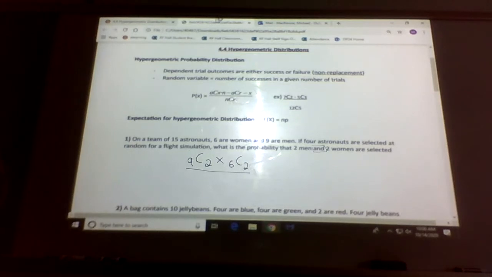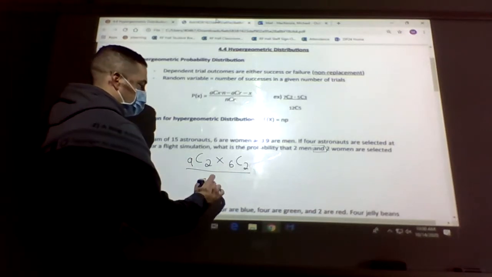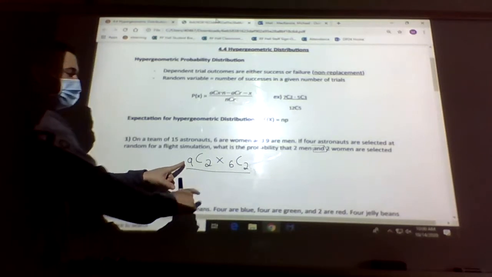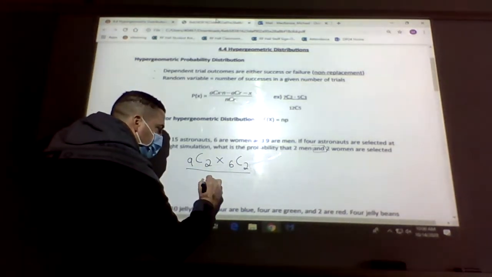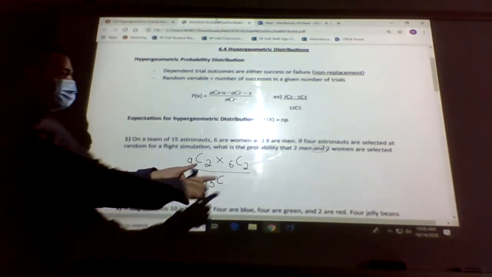This is an easy way to check: 9 plus 6, add these 2 together, and then add these 2 together. So 9 and 6 is 15, so there's 15 people in total, and you're choosing 2 plus 2, which is 4.